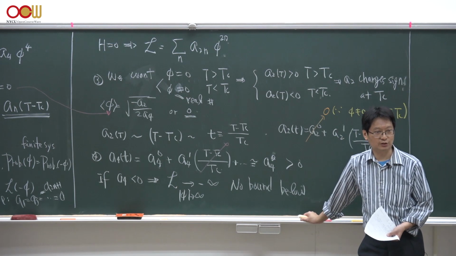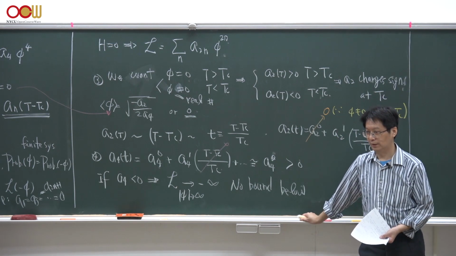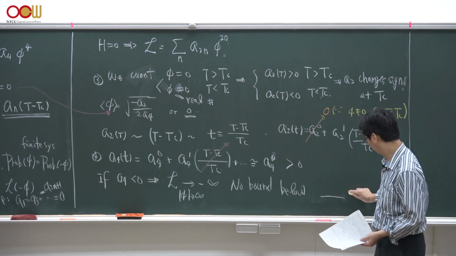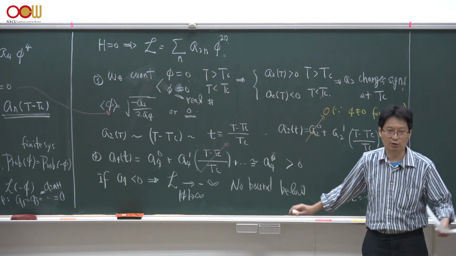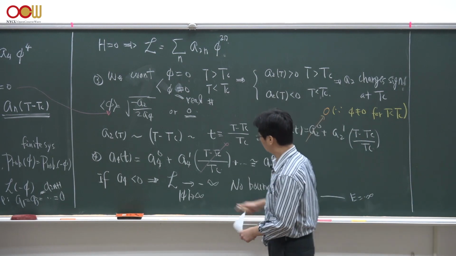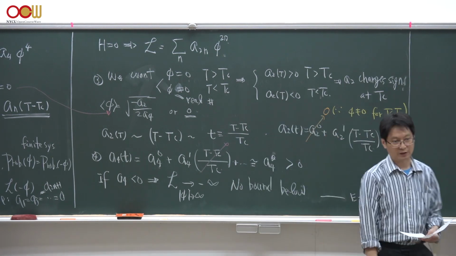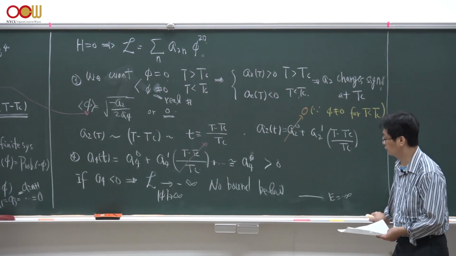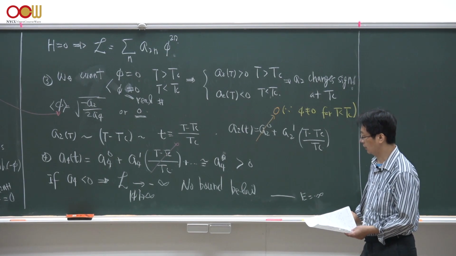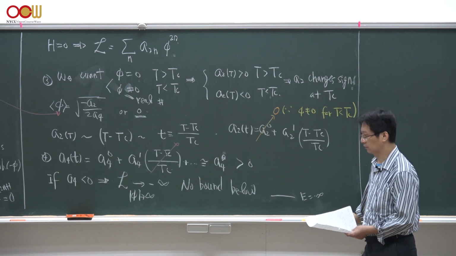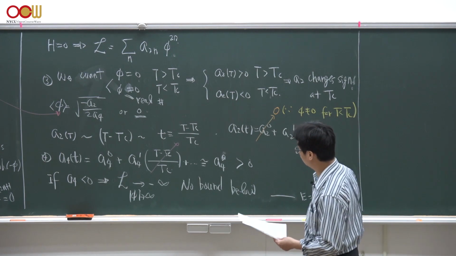You have some kind of minus infinity energy level which attracts all the particles to fall in, that kind of black hole stuff. But we know that there shouldn't exist such negative infinity energy states in any physical system. So in other words, we should avoid such an unbounded below situation, and A4 should be positive.